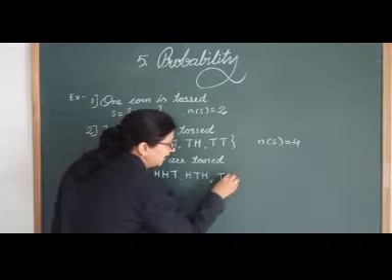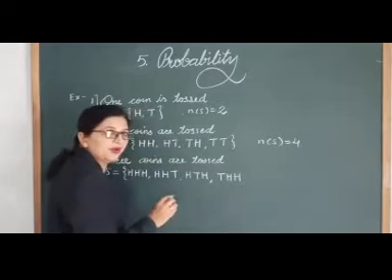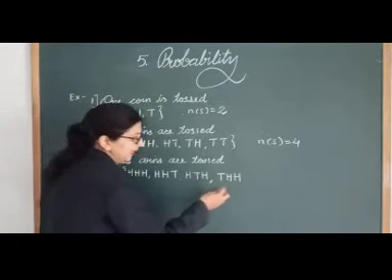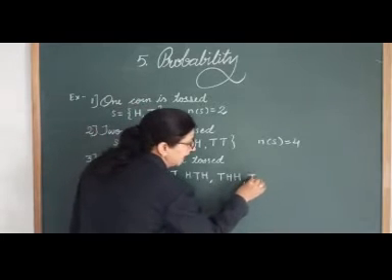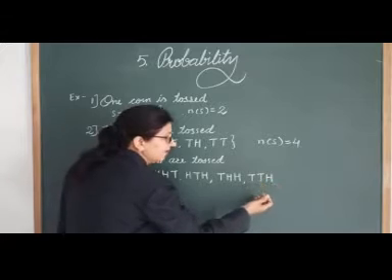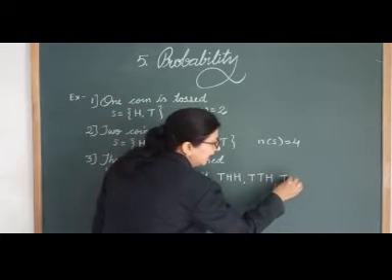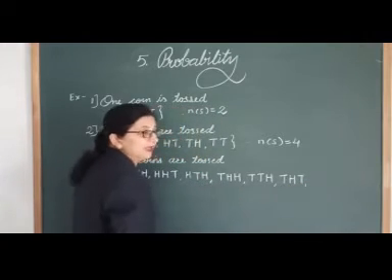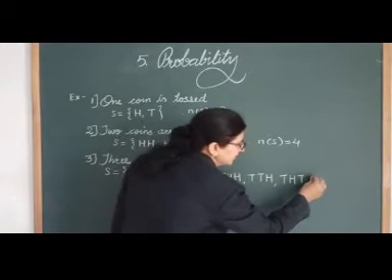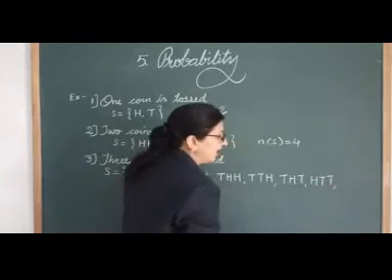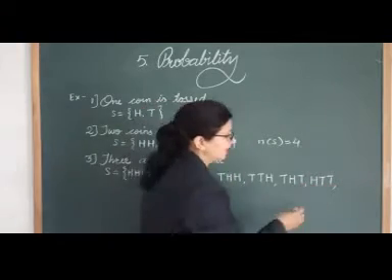So, tail, head, head. Now, replace the second coin by tail. Then tail, tail, head. Now take this head in the middle: tail, head, tail. Now take this head in the first position: head, tail, tail. And now remove that head also.